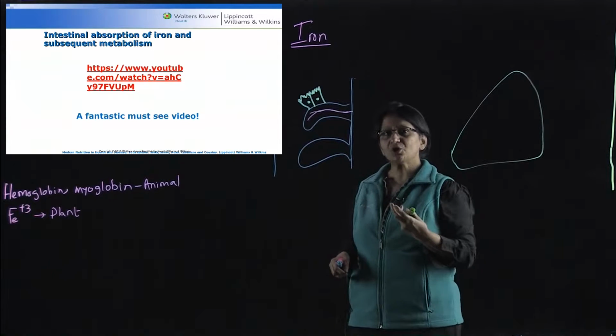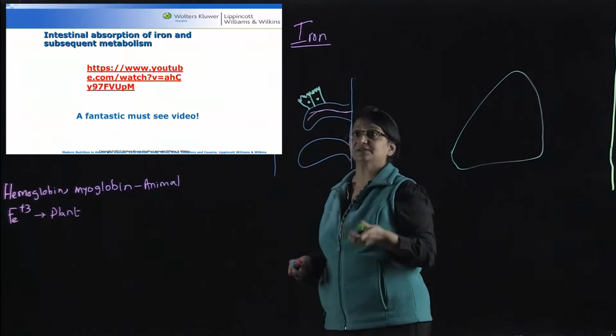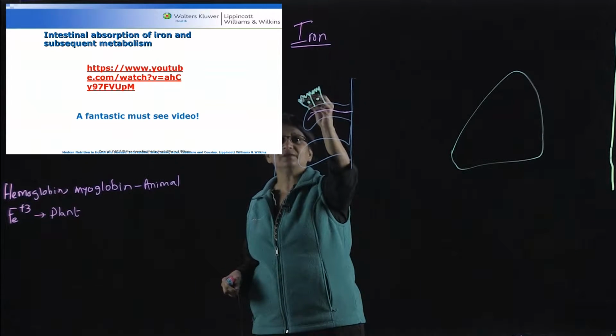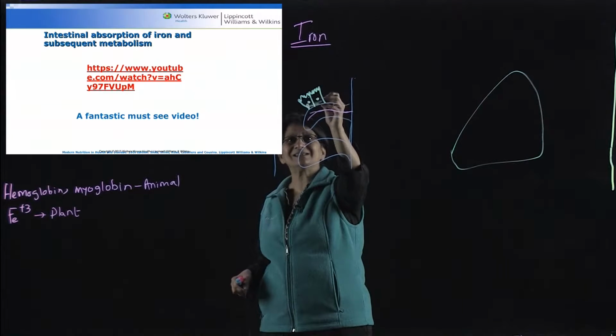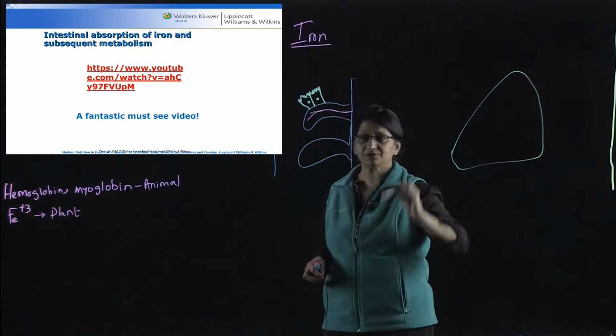But apparently there are transporters that transport hemoglobin intact into the enterocyte, and other transporters that can take that heme and put it across the basal membrane into the circulation and on up into the liver.